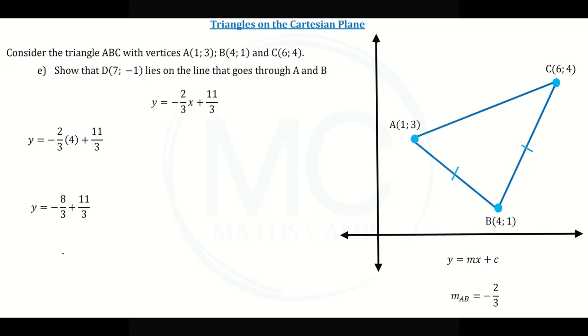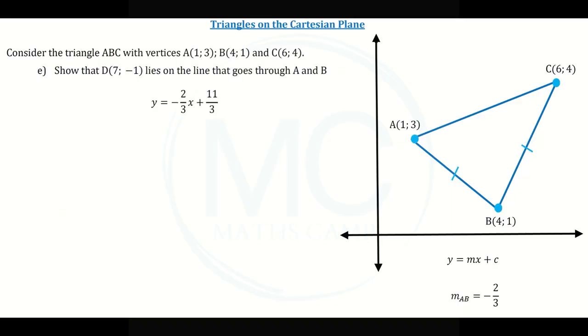Negative 8 plus 11 gives us positive 3 over 3, which is equal to positive 1. Our y value is 1. It is also the y coordinate of B, so we know the equation is correct. Now we can focus on point D, so let's make some space.